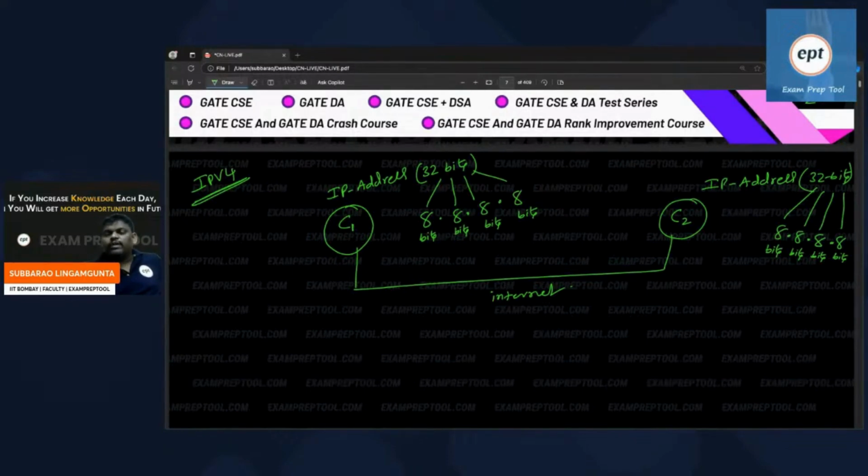As of now, only the IPv4 version is in the GATE syllabus. 32 bits only.